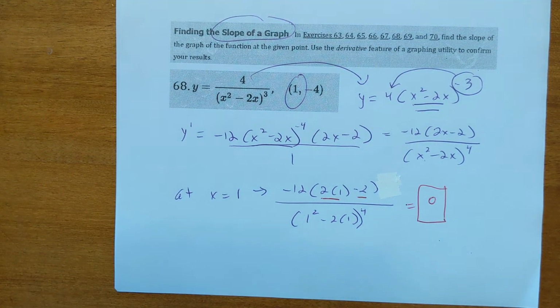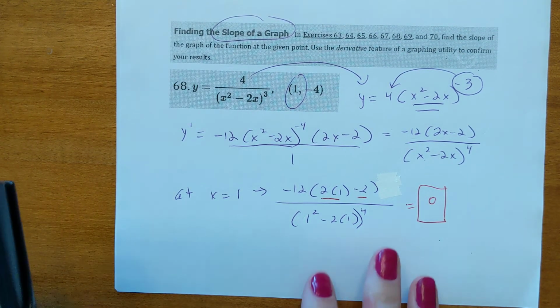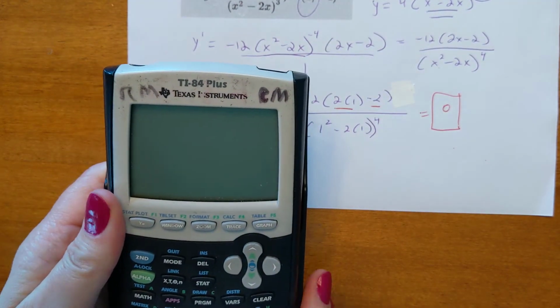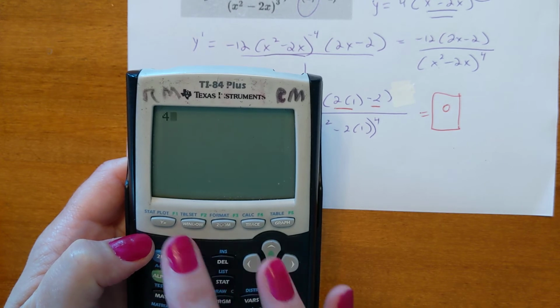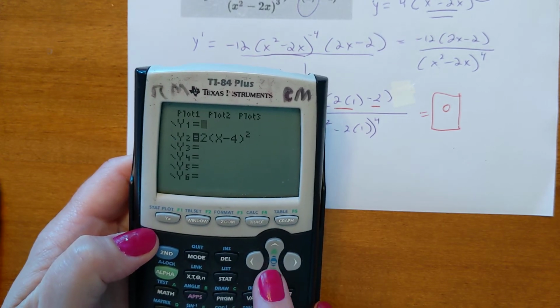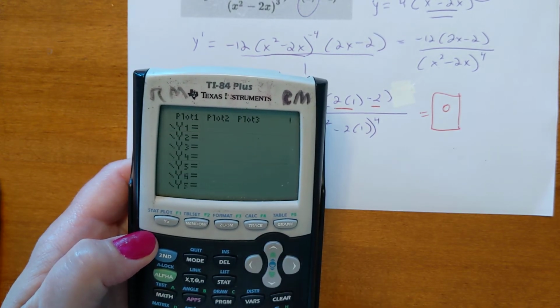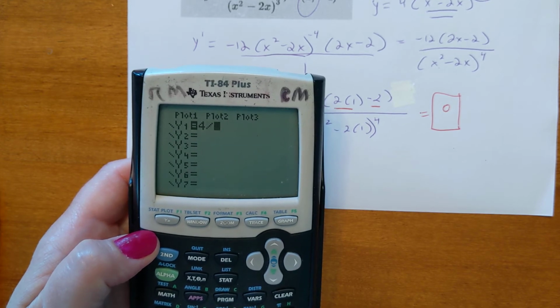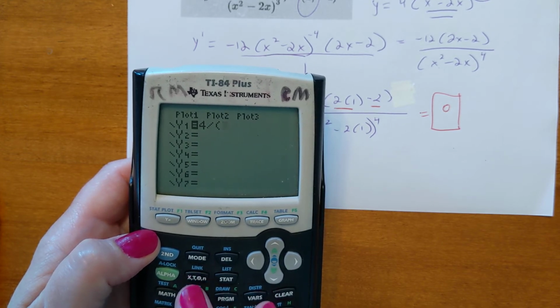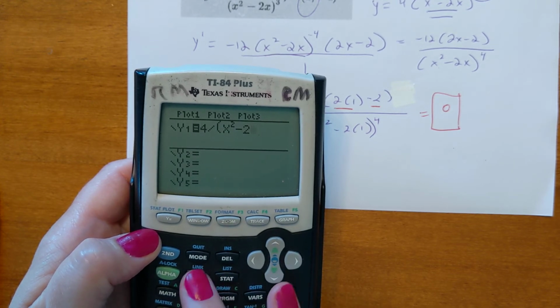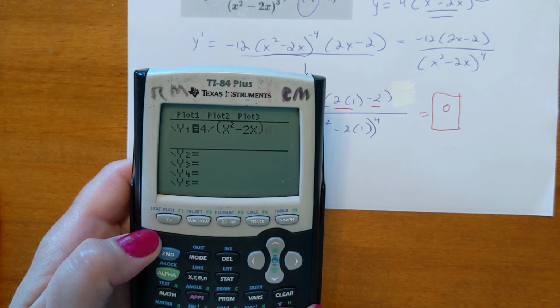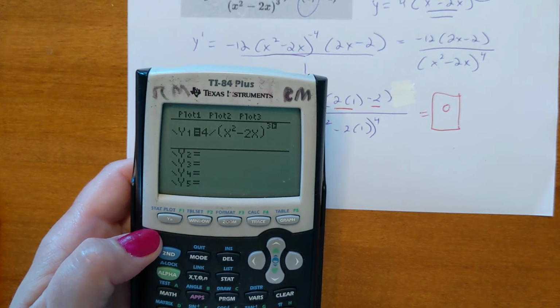And again, you can check that on your calculator. So putting it in your calculator, y equals 4 divided by parentheses x squared minus 2x, and then close the parentheses, and that's all to the third.